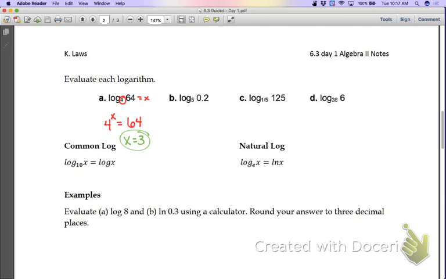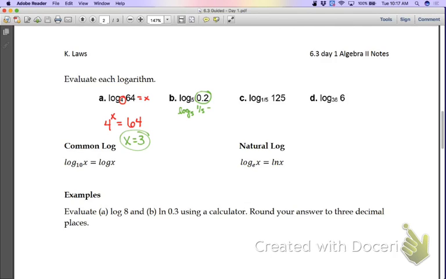Now, one thing that I would pay attention to is if you have anything that's a decimal, change it into a fraction. So instead of doing log base 5 of 0.2, that's just 1/5. It's going to be easier for you to see a fraction than it is a decimal.